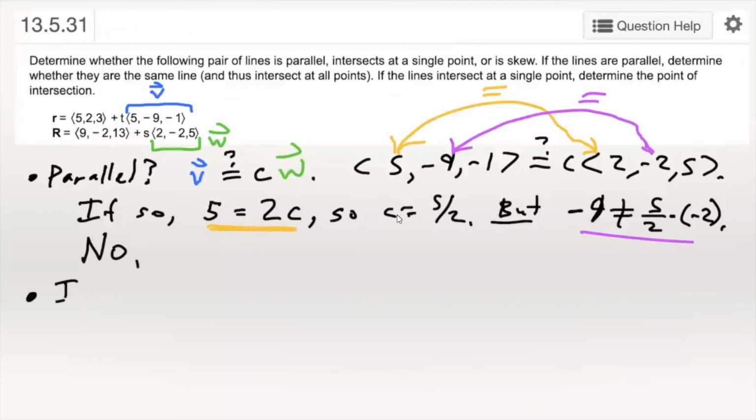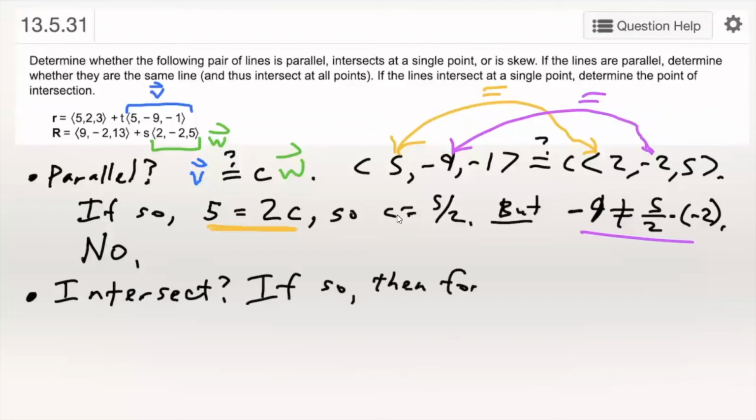Do they intersect? Okay, well, if so, then for some t and s, little r of t must be equal to big R of s.